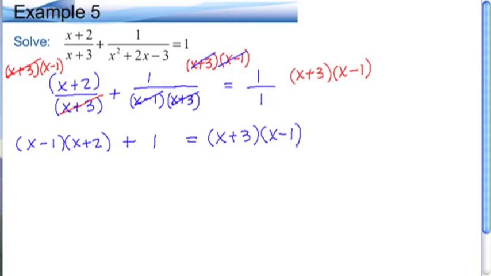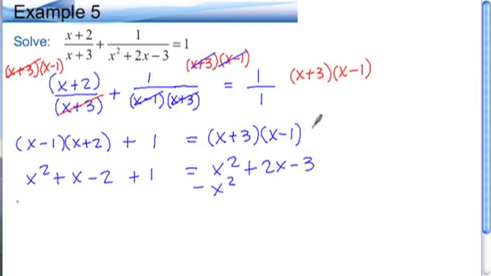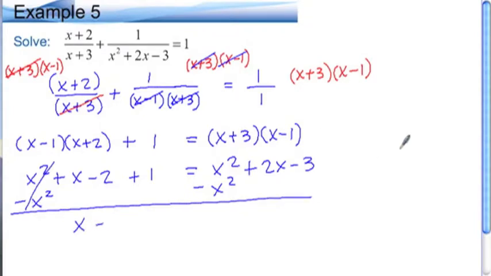From here, we just distribute everything, combine like terms, and solve for x. Notice that the x squareds cancel when I subtract to the other side, which is really nice. And that leaves me with x minus 1 equals 2x minus 3.